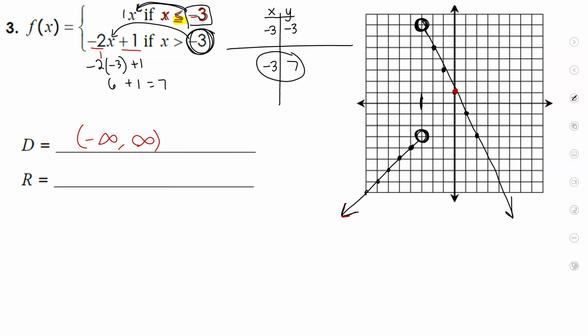So -3 is not represented in our graph. That means if your graph looked like this, it would be -infinity to -3, and then it continues from -3 to infinity. However, because it was closed, you can include -3. It's included right here. So every single number is represented. So this is what we have.